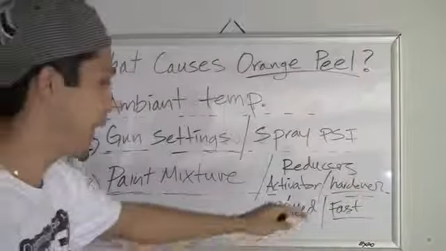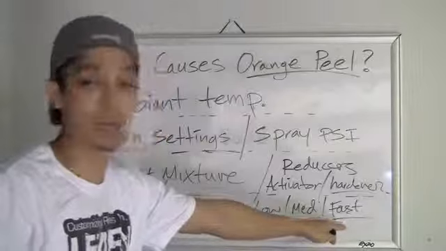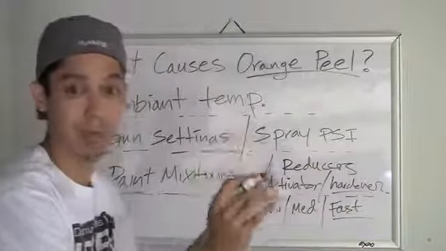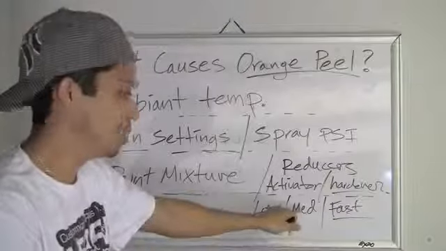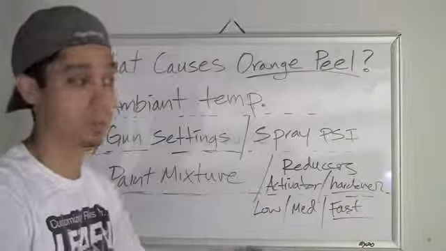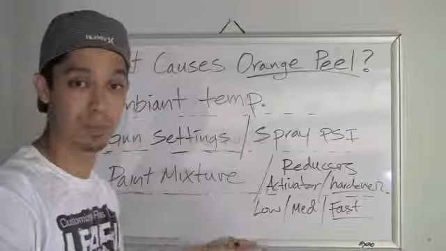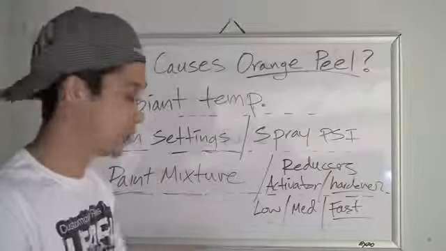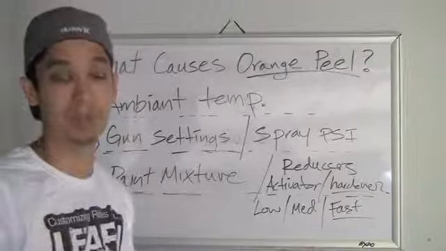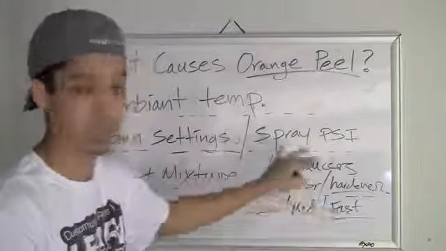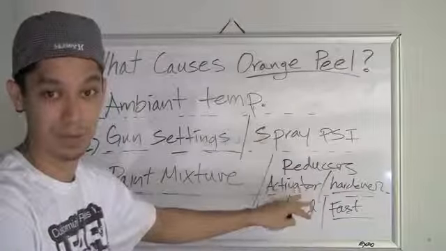Fast is for doing spot panel repairs, little touch-ups, stuff you want to get done quick. Medium is for colder days of doing a complete paint job. And low is for average temperature days, where you're doing a complete paint job and you want your paint to flow out. So that's what this reducer stuff is all about, hardeners and activators.